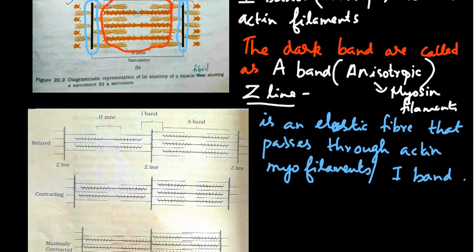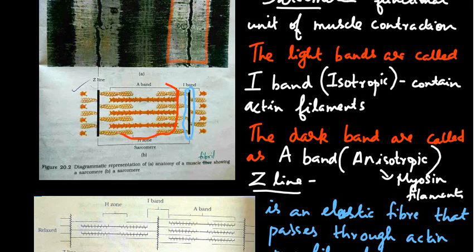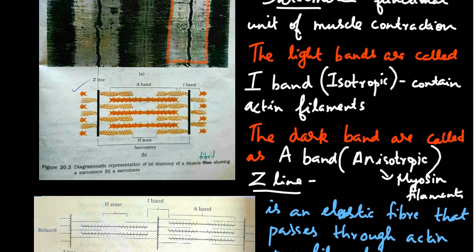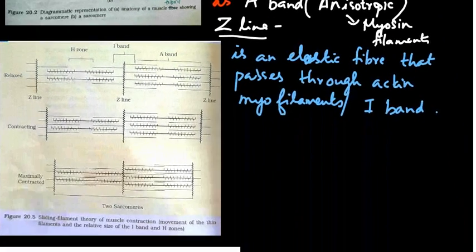Thus, we can say the distance between two Z lines is called a sarcomere. This much distance is called sarcomere, the functional unit of muscle contraction.